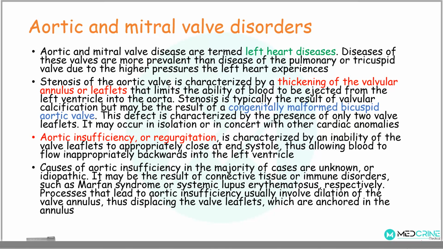The causes of aortic insufficiency in the majority of cases are unknown, or idiopathic, but they may result from connective tissue disorders or immune disorders, for example, Marfan syndrome or systemic lupus erythematosus. The processes which lead to aortic insufficiency usually involve a dilation of the valve annulus, therefore displacing the valve leaflets which are anchored into the annulus.